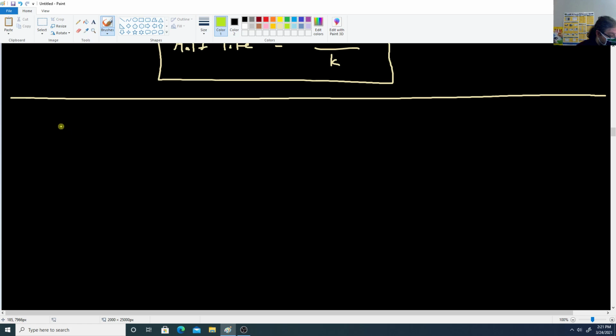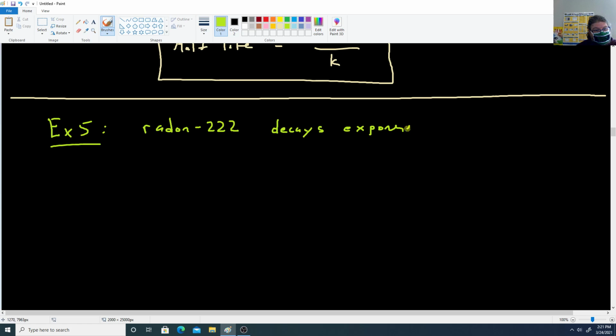So we say for this example 5, we have radon 222, decays exponentially, with half-life, they tell us half-life is 3.825 days. And we want to know how long will it take for 80% of the isotope to decay.